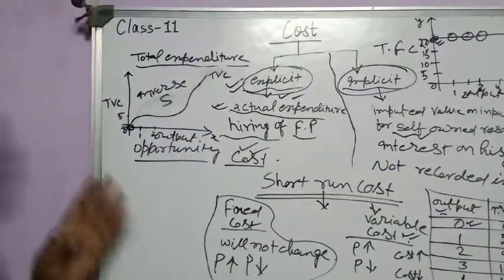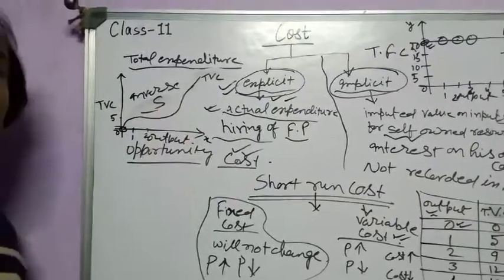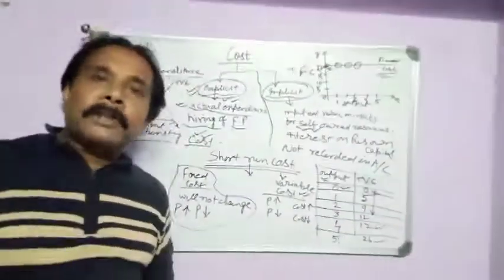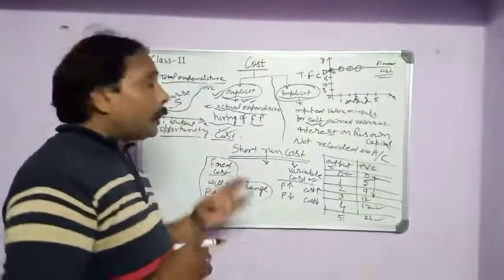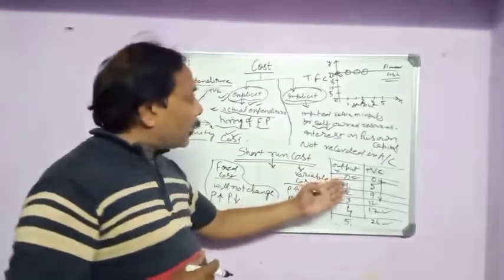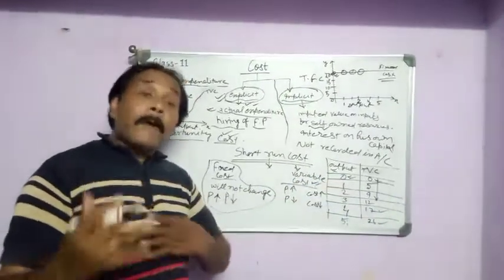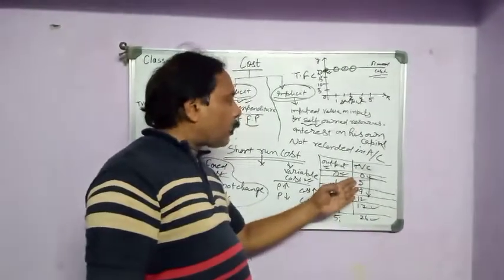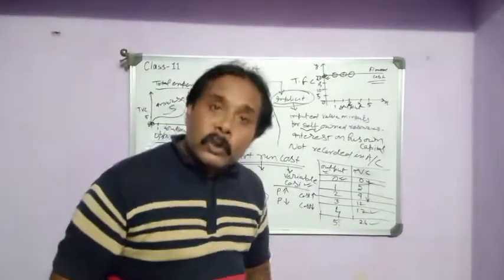Okay, because it happens due to the law of variable proportion, and we have already discussed in the previous chapters that due to the law of increasing returns, the total production increases at a faster rate. That's why the total variable cost increases but at a very slow rate.